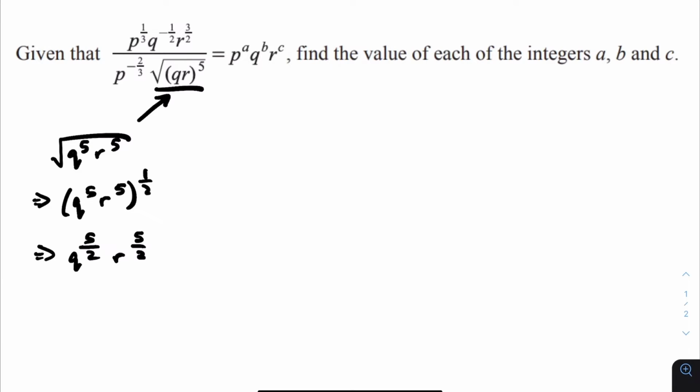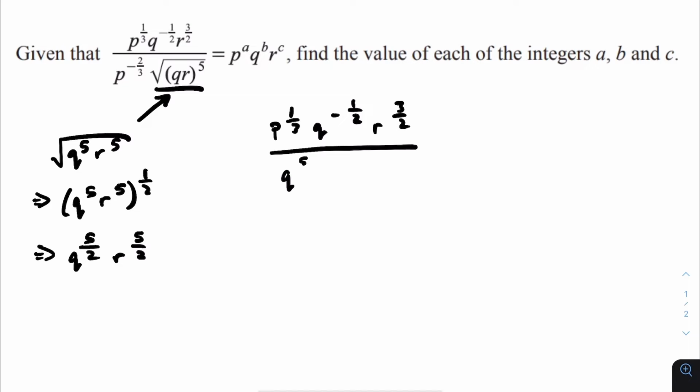And we can just substitute this back in to get p to the power of a third times q to the power of negative half times r to the power of 3 over 2, divided by q to the power of 5 over 2 times r to the power of 5 over 2 times p to the power of negative 2 over 3.